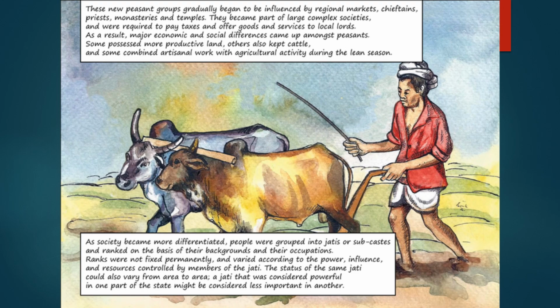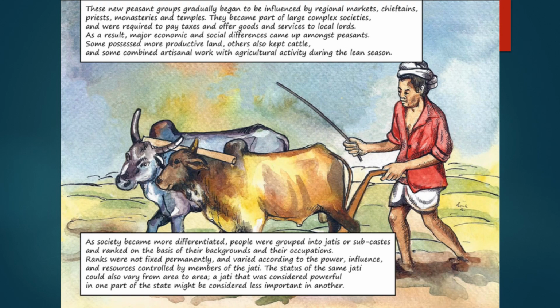Some possessed more productive land, others also kept cattle, and some combined artisanal work with agricultural activity during the lean season. As society became more differentiated, people were grouped into jatis or subcastes and ranked on the basis of their backgrounds and their occupations.